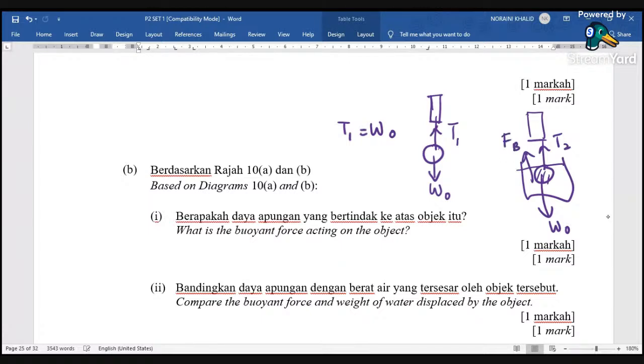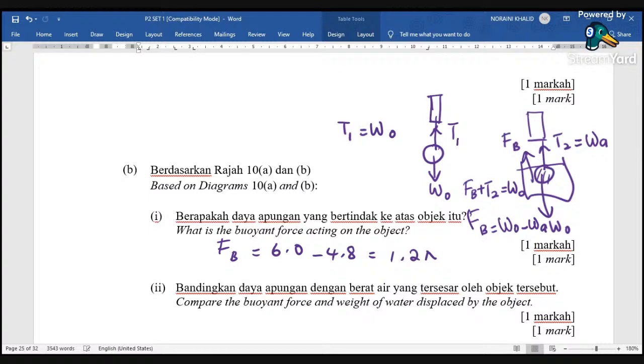If hanging at rest, forces are balanced, so FB plus T2 equals Wo. T2 is the apparent weight, so FB equals Wo minus Wa. The difference in the reading in air and immersed in liquid gives the buoyant force. So buoyant force equals 6 minus 4.8, 1.2 Newton.